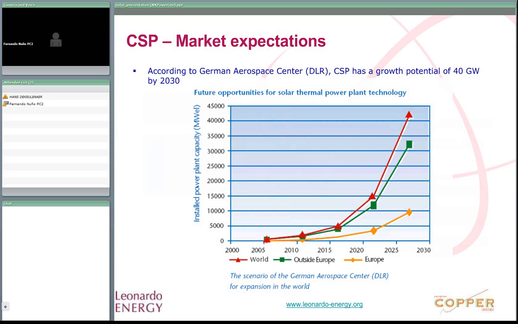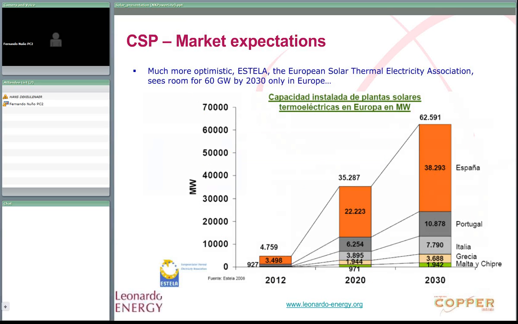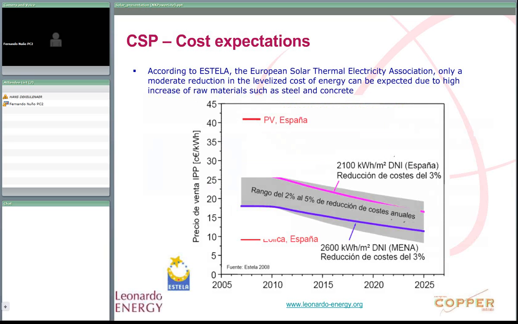Today, more updated expectations from ESTELA, which is the European Solar Thermal Electricity Association, they see room for 60 gigawatts by 2030 only in Europe. Well, this is maybe optimistic expectation, but it shows how this technology is evolving very quickly. Concerning cost expectations, the same association only sees room for 3% reduction annually because of high increase of raw materials such as steel and concrete.